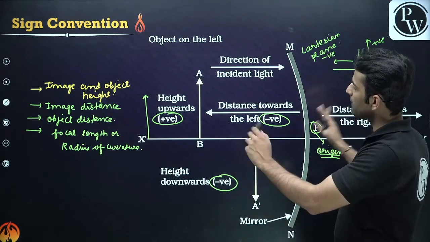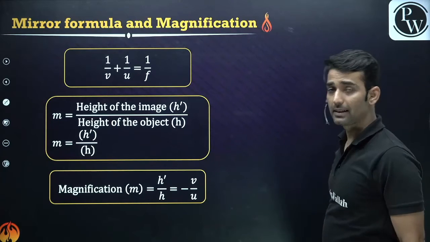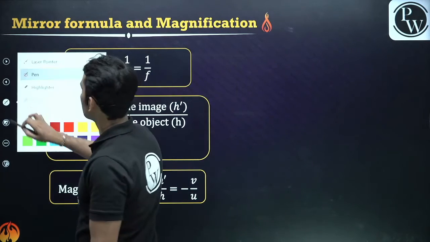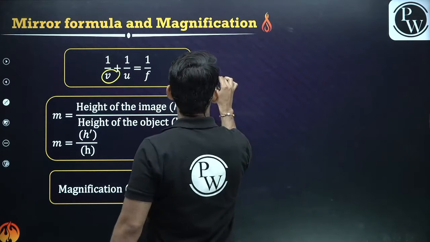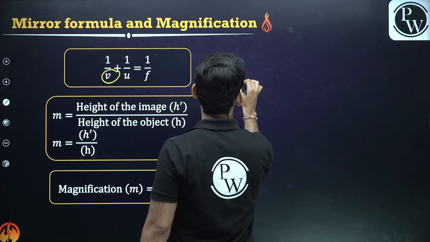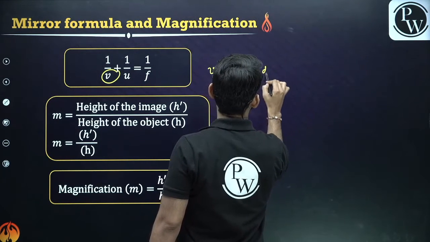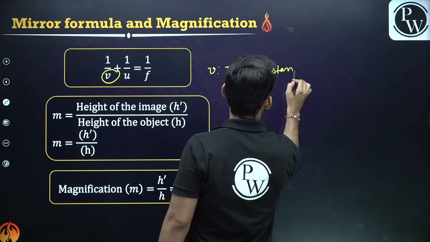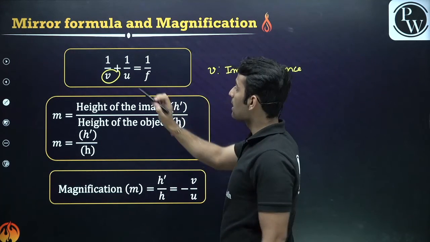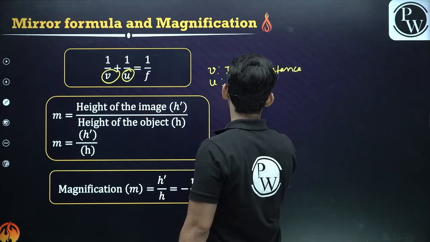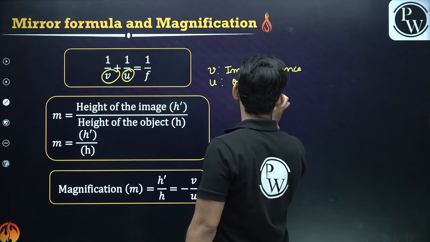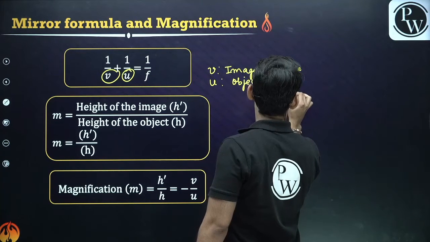Okay, these are the various parameters. Now keeping this in mind, we have two formulas. One is the mirror formula that relates the image distance. v is the image distance, guys, and u is the object distance.